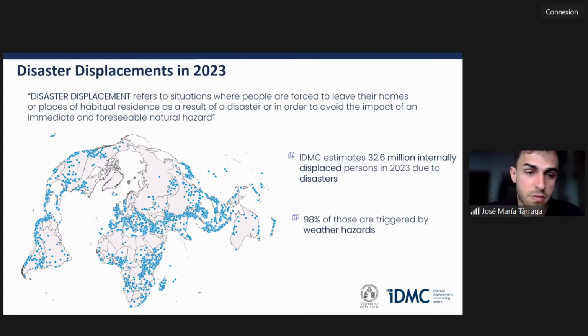And the magnitudes of disaster displacement during these few years have been huge. IDMC estimates that there are 32.6 million people that have been internally displaced due to disasters, and this is the most common form of human mobility in the context of climate change.